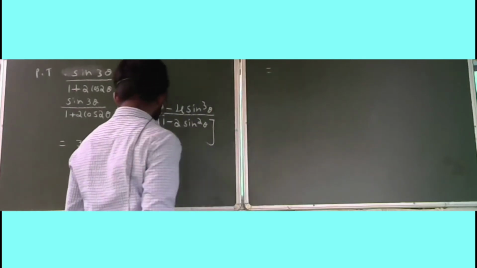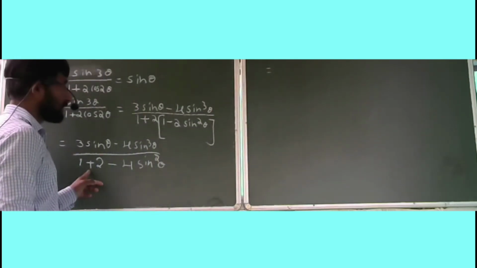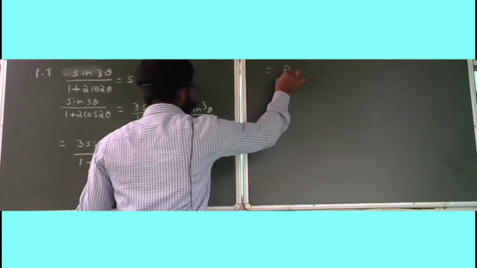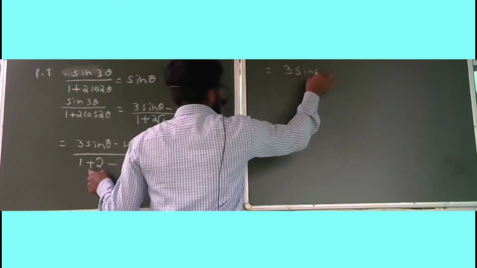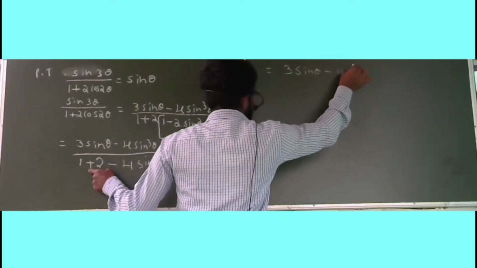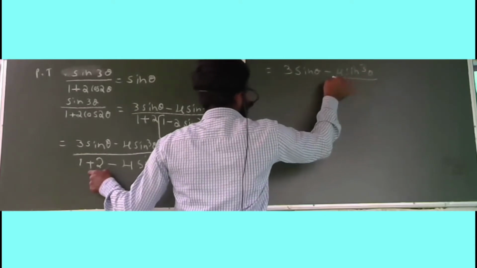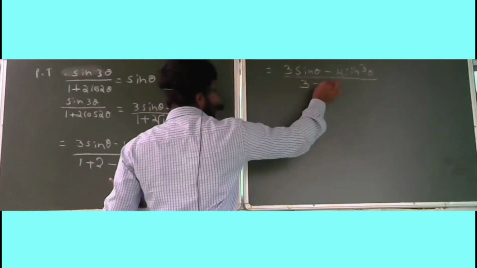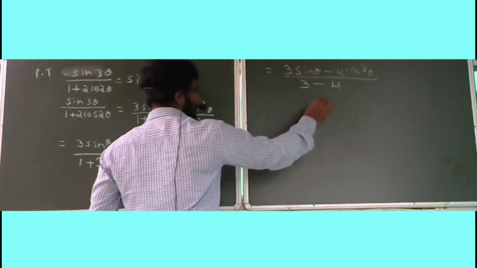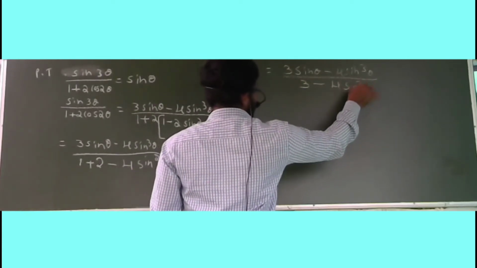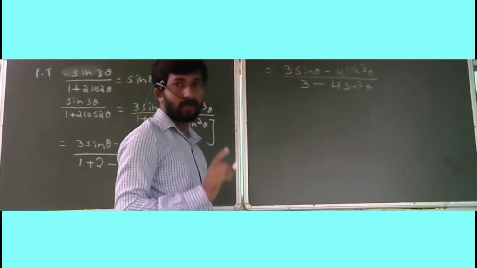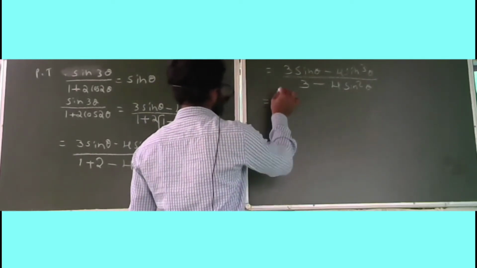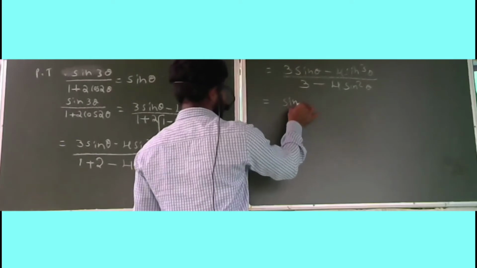It's equal to, see here, 1 plus 2, the numerator is 3 sine theta minus 4 sine cube theta, divided by 3 minus 4 sine square theta. Okay. In the next step, to get the RHS, from the numerator take sine theta outside.